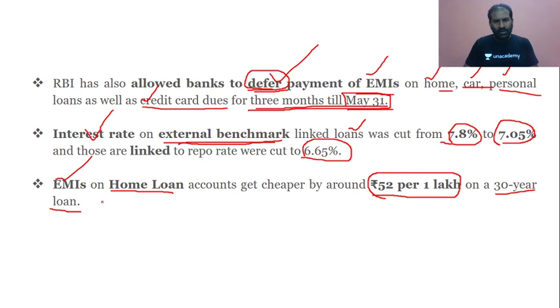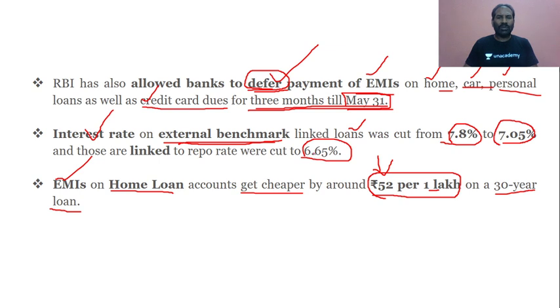People who are paying the home loan EMI would have a reduction of 52 rupees per lakh. So you can calculate how many lakhs you have, and for every 1 lakh on a 30-year loan, 52 rupees would be deducted, and hence the home loan would get cheaper.